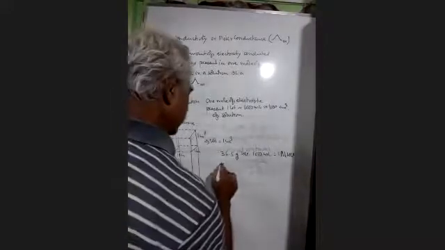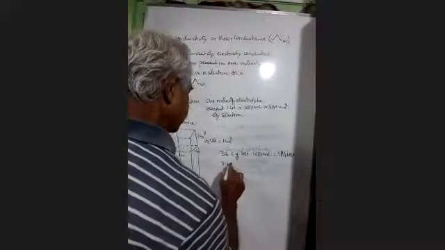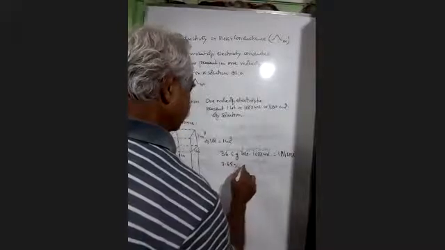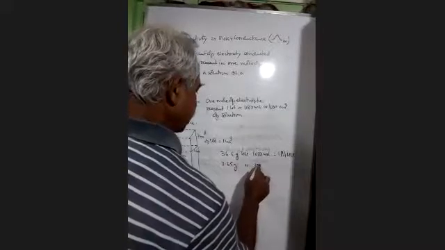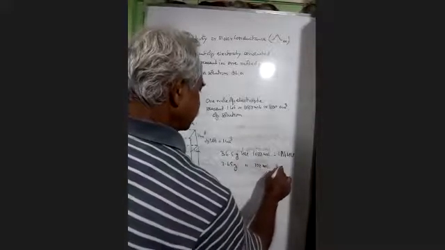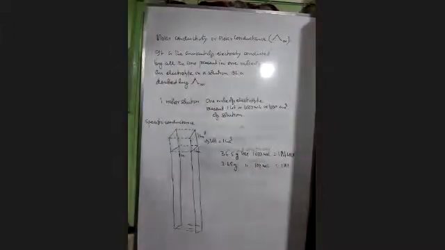I may require 100 ml. Then why should I throw away 900 ml? So if I take 3.65 gram of HCl in 100 ml, this is also a 1 molar solution. All right, so this is also a 1 molar solution.